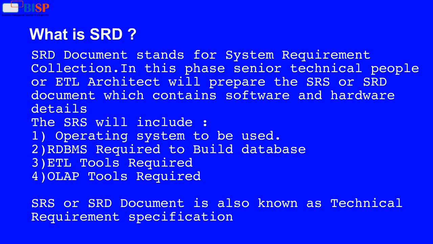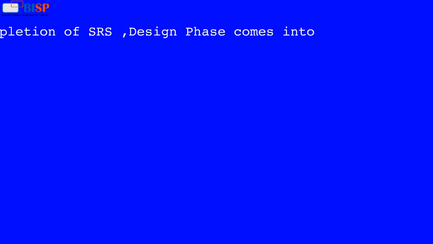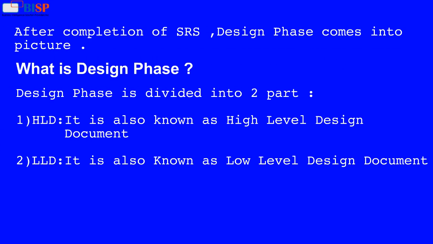Operating system to be used. 2. RDBMS required to build the database. 3. ETL tools required. 4. OLAP tools required. The SRS or SRD document is also known as Technical Requirement Specification. After completion of SRS, the design phase comes into the picture.